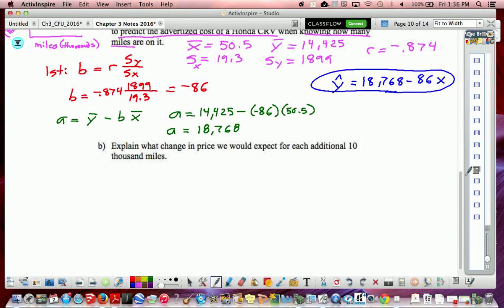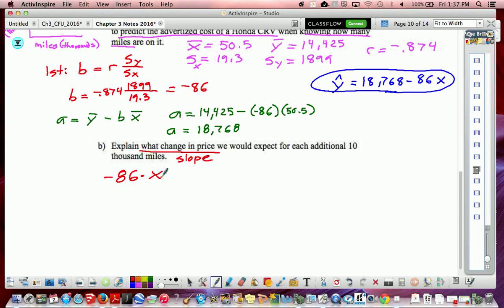All right, question B. It says explain what change in price we would expect for each 10,000 miles. So if we're talking about a change in price, we're talking about the slope. So we're really just focusing on negative 86 times x, where x represents, again, the number of miles in thousands.